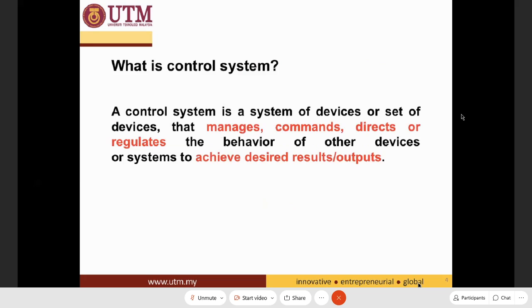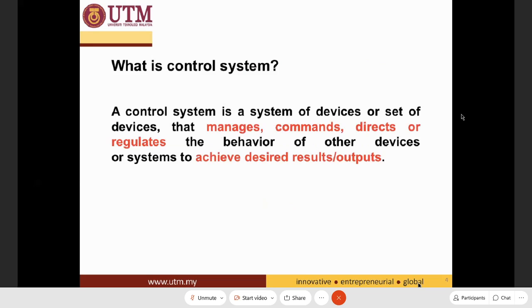This is the control system. When you set the speed setting, meaning that you set the set point of your output. And finally, your fan blade will be rotating, so you can get the output, the airflow. So that is the control system.